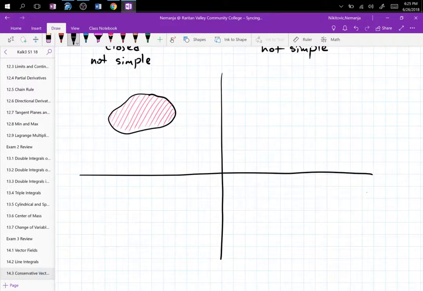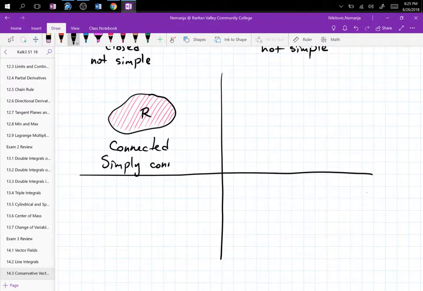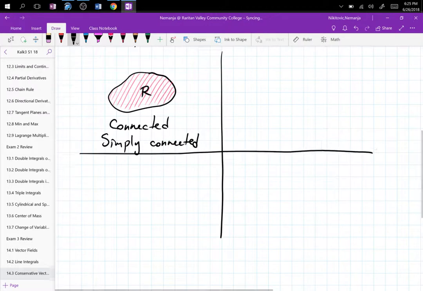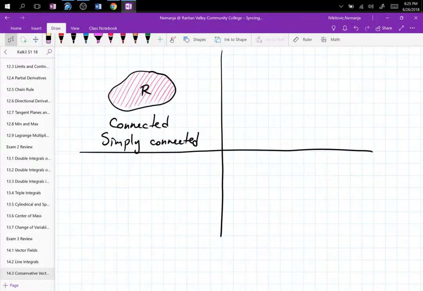We call this region R. And this is going to be connected and simply connected. Actually, let me draw all of them first, and then we'll talk about them.